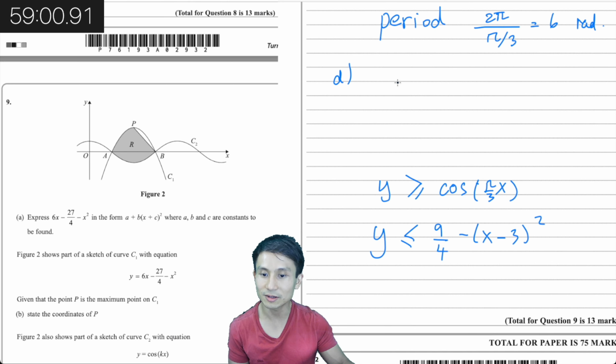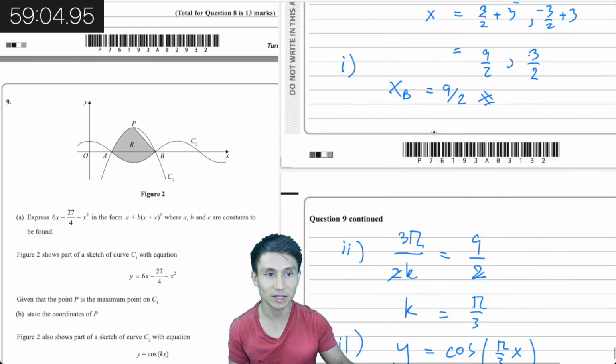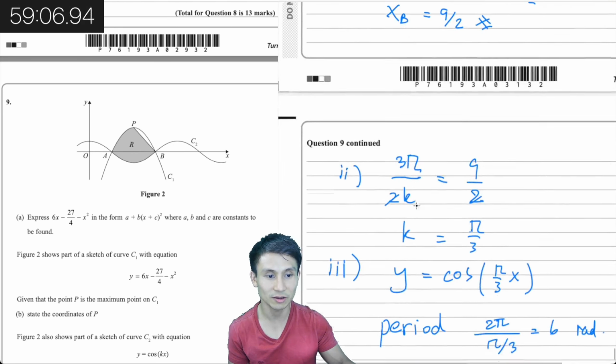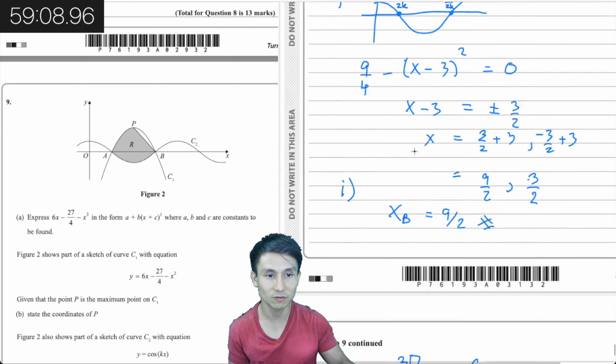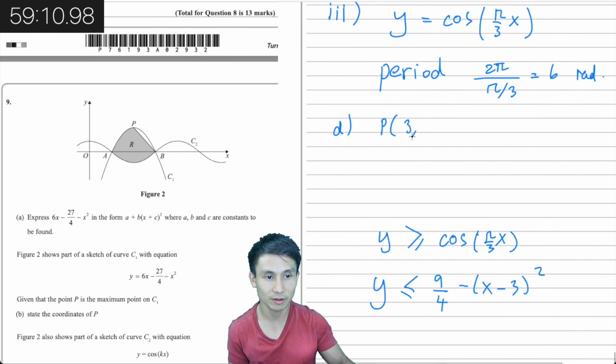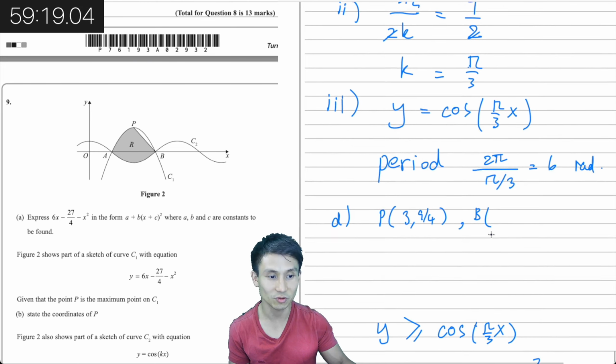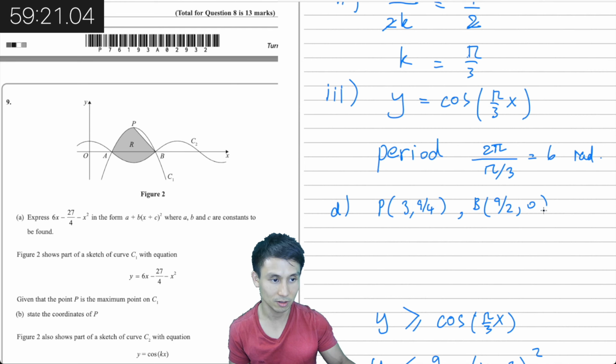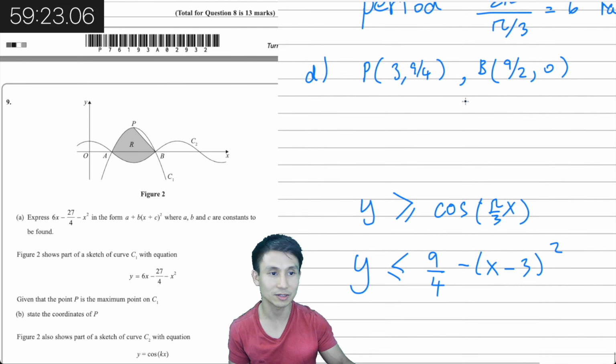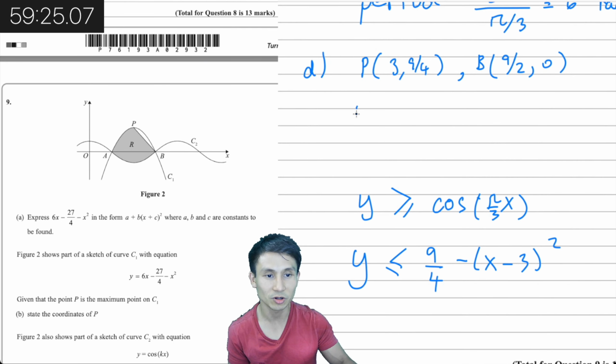So P is the maximum. What is P again? I forgot. 3, 9 over 4 up here. And then B was 9 over 2 and 0. Okay, we just want to find the line that passes through these two points. So I'm going to take this as y1 maybe.